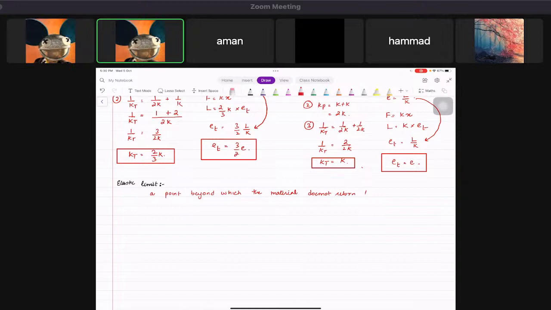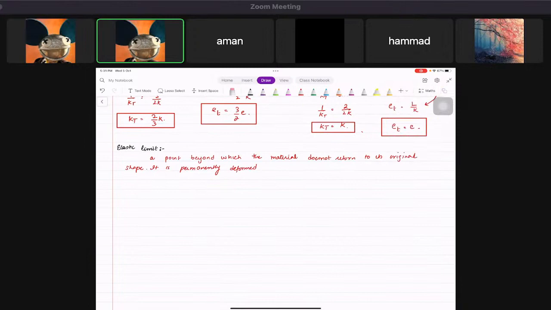So generally it looks like this. You've got extension on this side, you've got force or load on this side, and then when you extend something too much, the first point is P, I'll explain what that is, and then it is elastic limit.